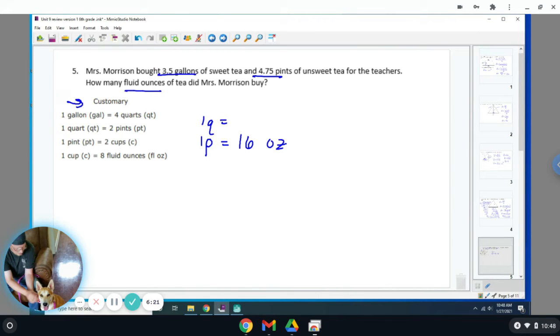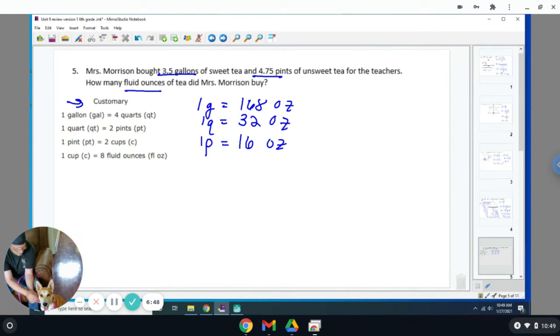So if 1 pint is 16 ounces, 2 pints will be 32 ounces. Okay. And then 1 gallon is 4 quarts. So you're going to do 32 times 4, which is 168. So 1 gallon has 168 ounces.